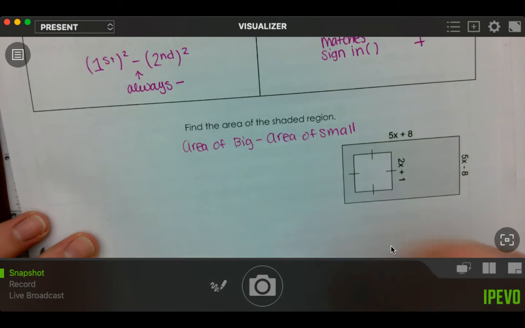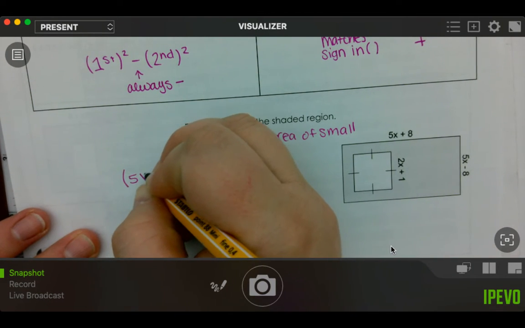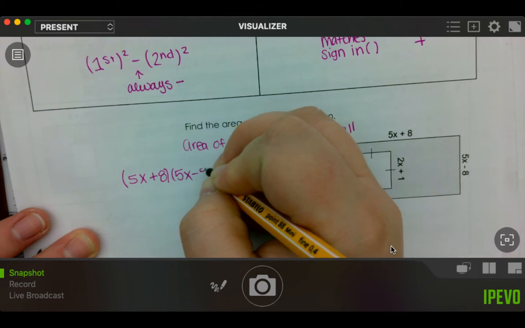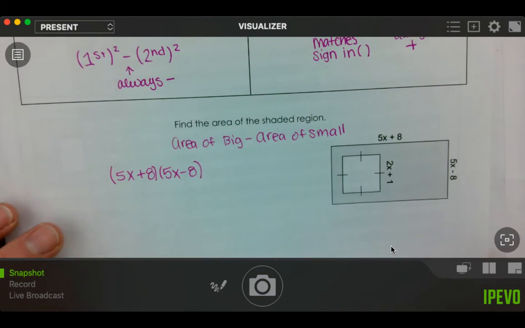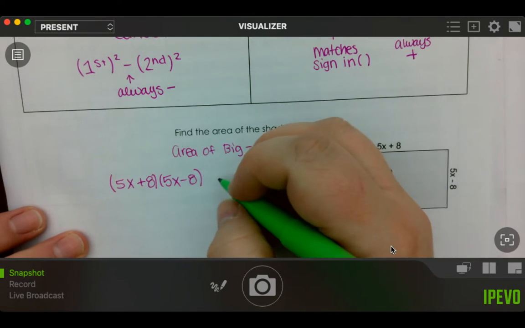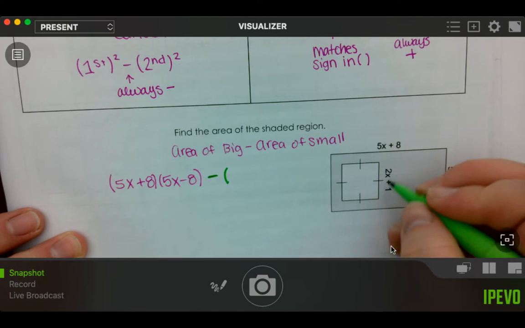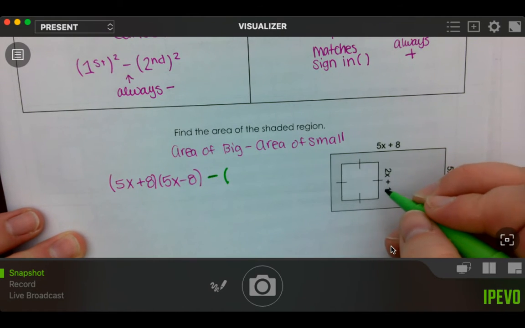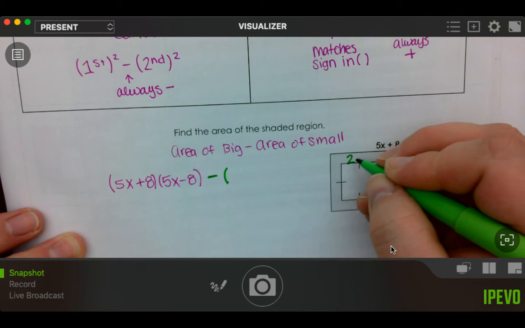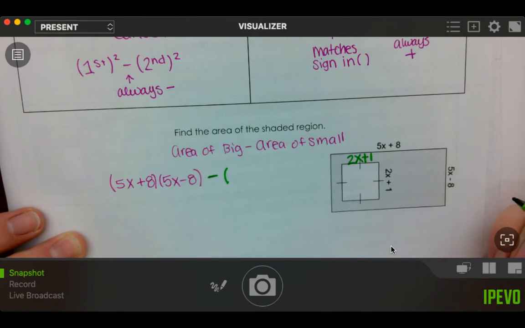So the area of the big one is 5x plus 8 times 5x minus 8. And what we're going to do is multiply those together, and then we are going to subtract these two multiplied. These all multiply together. So this is a square. These little marks mean that these sides are equivalent. So this side is also 2x plus 1.